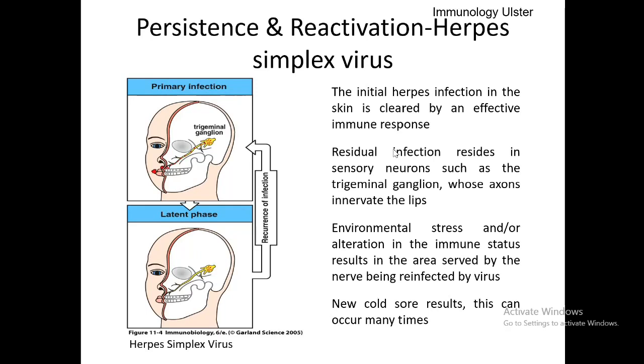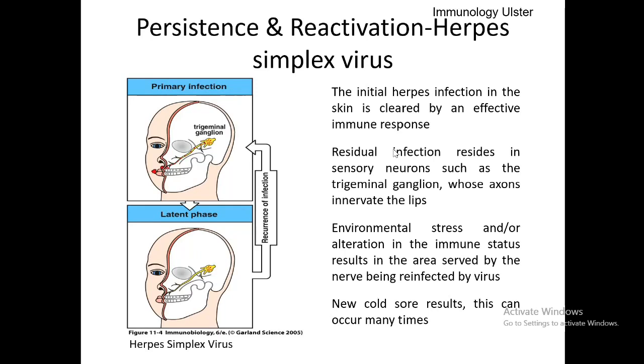One of the reasons that these viruses tend to hide in nerves is that your central nervous system has a state of immunity called immune privilege. Immune privilege basically is a situation where the immune response in the central nervous system is at a very, very low level.